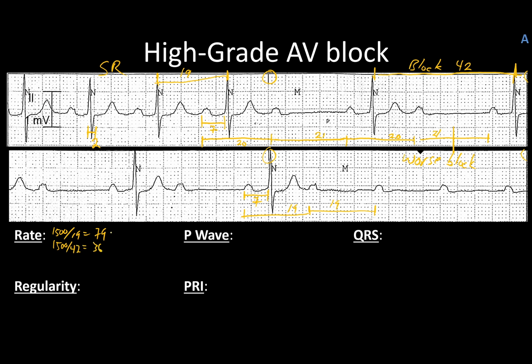So you go from sinus rhythm to bradycardic, and then of course the other strip down below only has 2 beats on the entire thing, and so that's in the 20s. All in all, pretty darn slow. We start out regular initially, but then progress into significant irregularity.